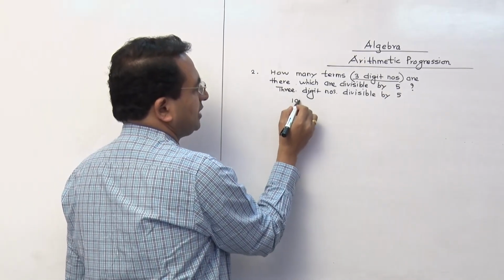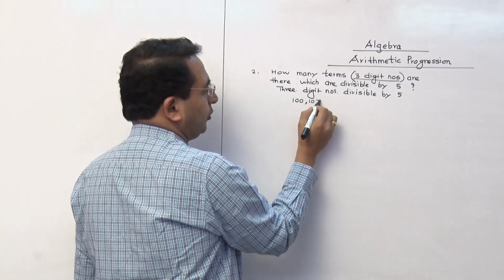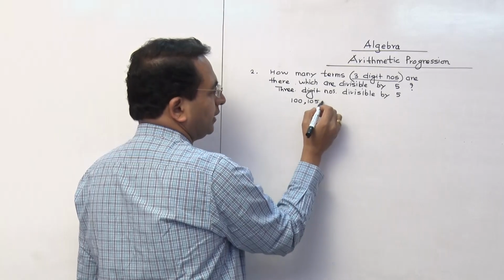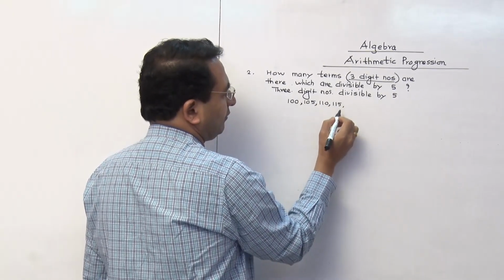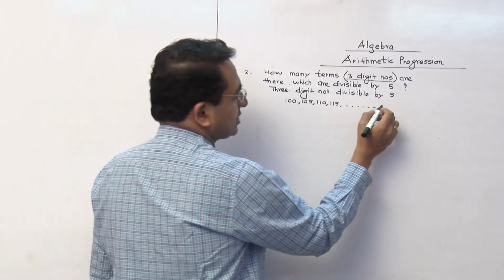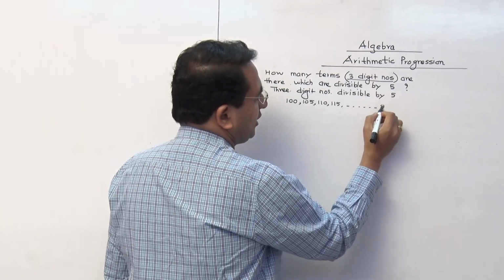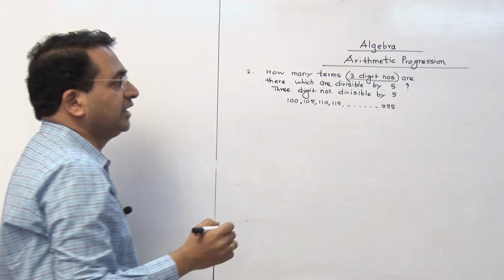The first number is 100. Next number, definitely it is going to be 105. Then 110, then 115, and so on. And the last number, which is a 3-digit number divisible by 5, is 995.